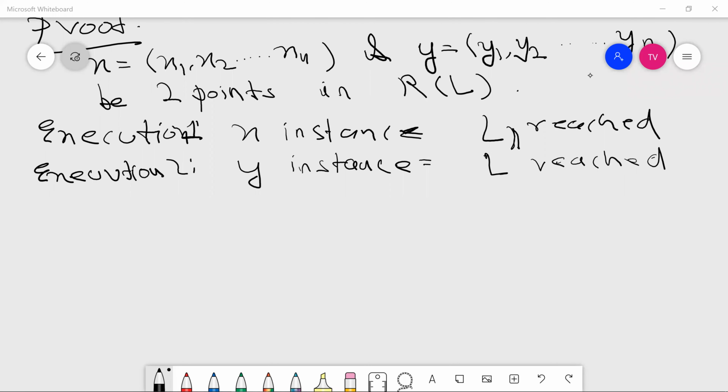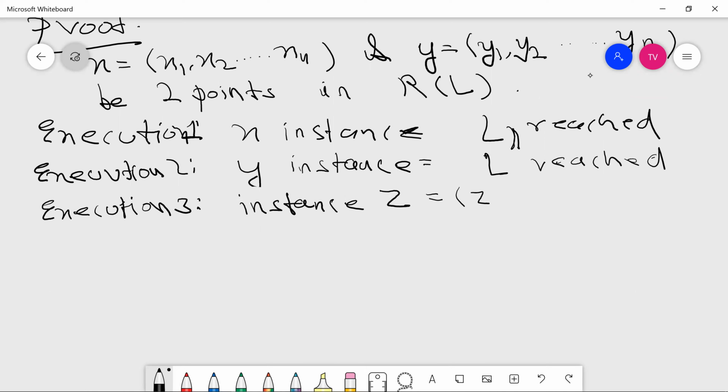So now I'm going to take another execution 3 with instance Z. We are going to prove that these two leaves are different.